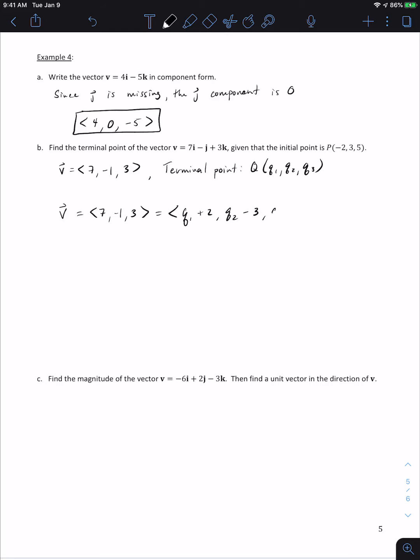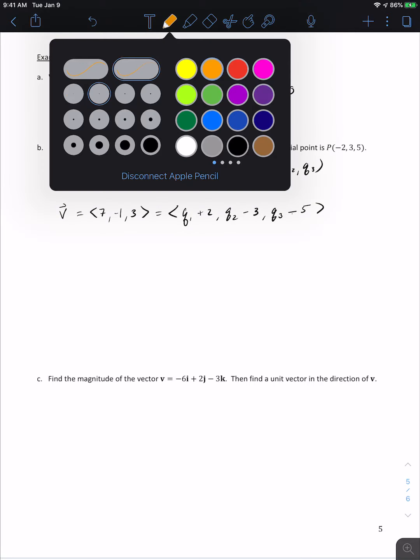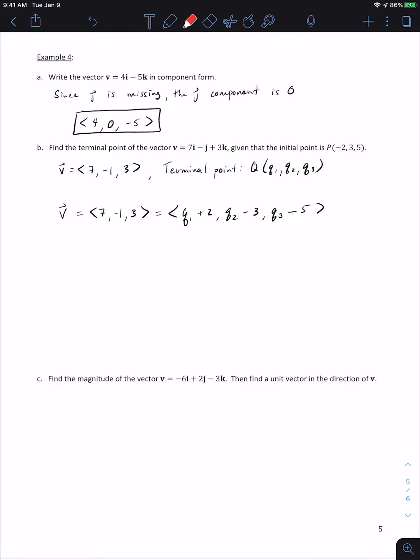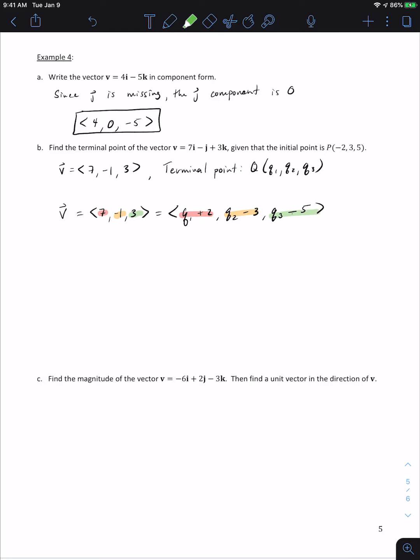And then our terminal third component is Q3 minus our initial third component, which is 5. So I end up having the first component equal to this, the second component equal to this, and the third component equal to this. And I can set all those components equal to each other, find Q1, Q2, Q3, and therefore find our point.